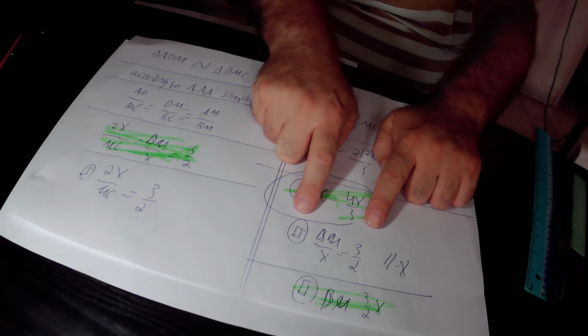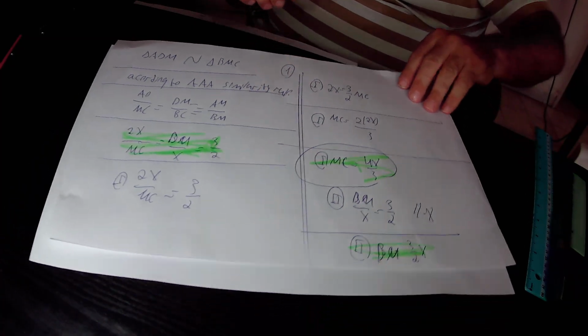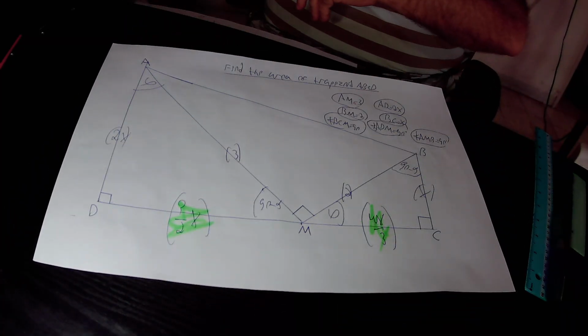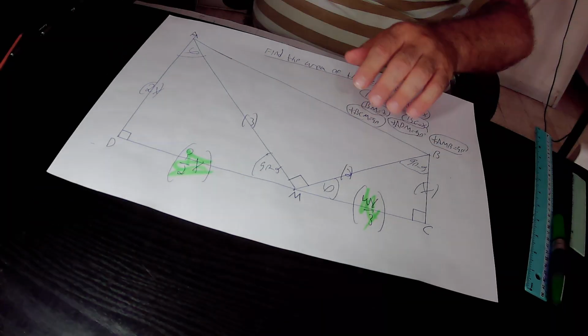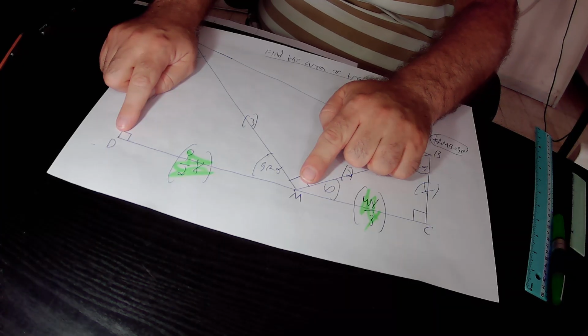If we multiply this equation by x, we find that DM equals 3 halves times x. So according to equation 2, we found out that DM is equal to 3 halves times x.